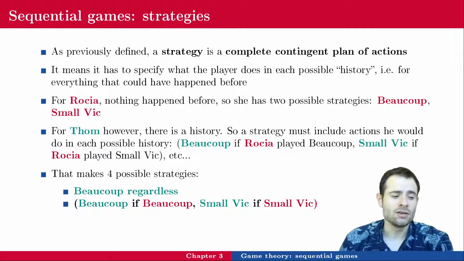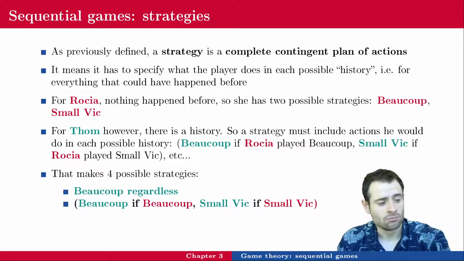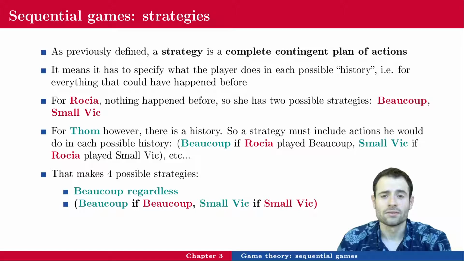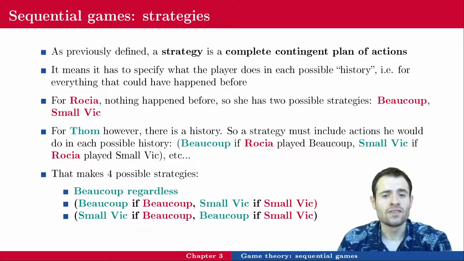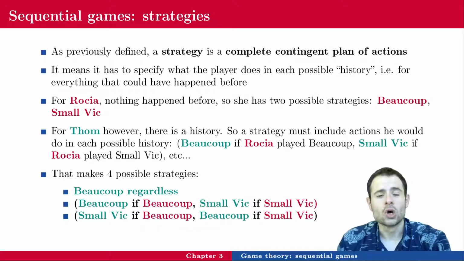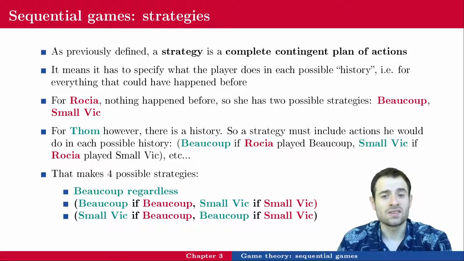So this strategy is a following strategy. Tom goes wherever Rosia went. If she went to Beaucoup, he goes to Beaucoup. If she went to Small Victory, he goes to Small Victory. Naturally, you have the opposite strategy, where Tom goes to a different place every time.